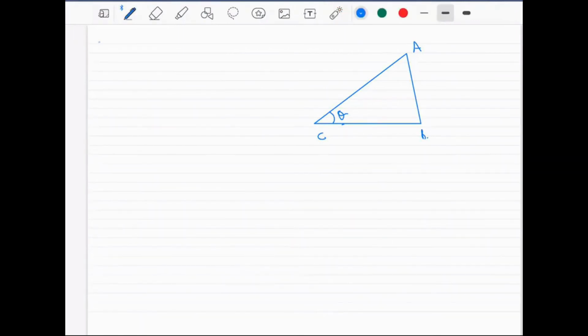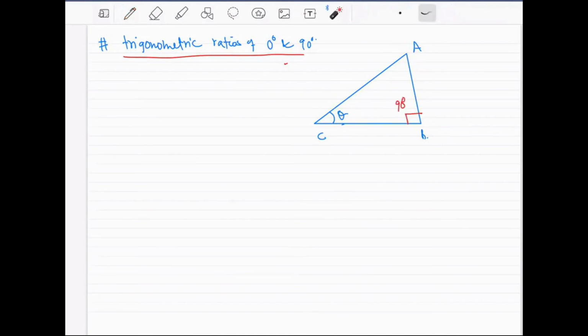So the topic is trigonometric ratios of 0 degree and 90 degree. Now in the triangle ABC that I'm taking here, I'm taking the angle B as the right angle and this angle C as angle theta.